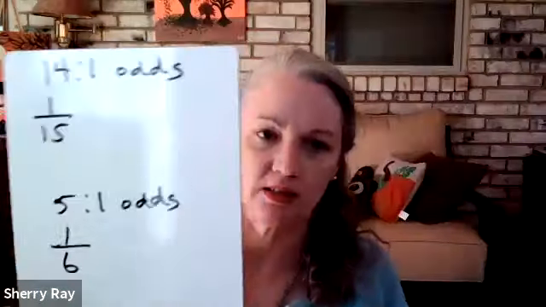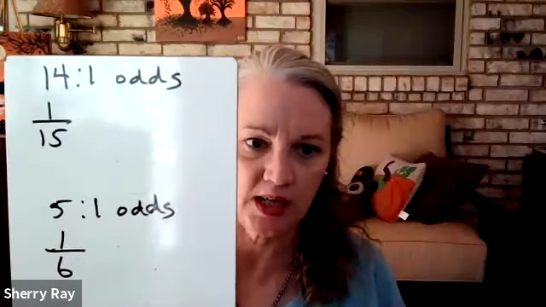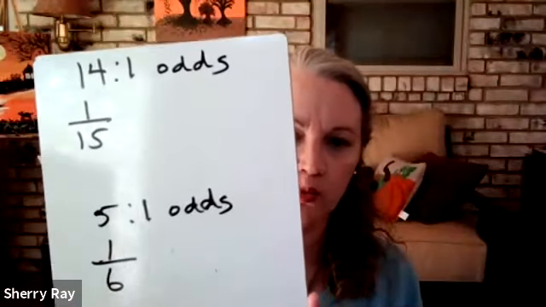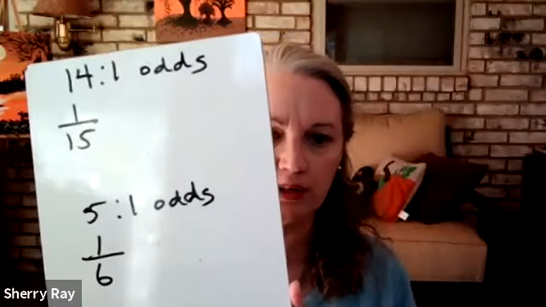So this is what it looks like, 14-to-1 versus 5-to-1. If you have a calculator, we take our numerator divided by our denominator, which I just happen to have a calculator here. Isn't that amazing? Being a math teacher and all.